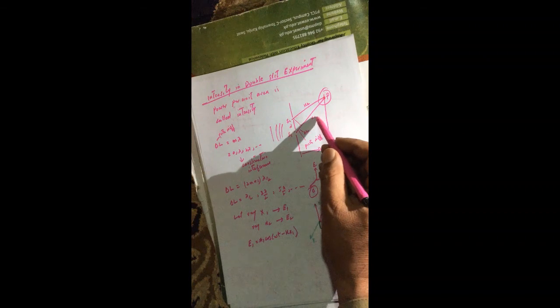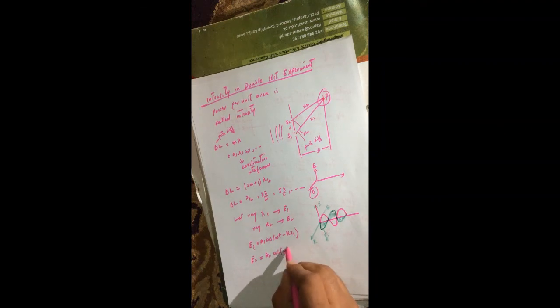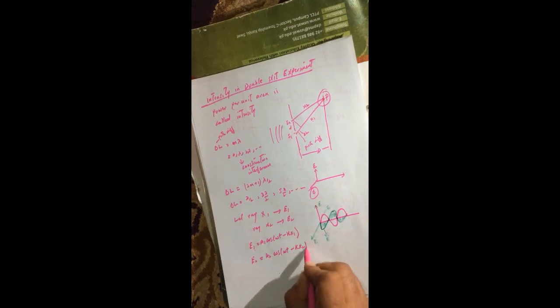Here E1 is the electric field of ray x1 and A1 is its amplitude. Similarly, E2 is the electric field of ray x2, so E2 is A2 cos(omega t minus k x2). These are the electric fields of rays x1 and x2. So I will stop my video here and proceed in the next video.